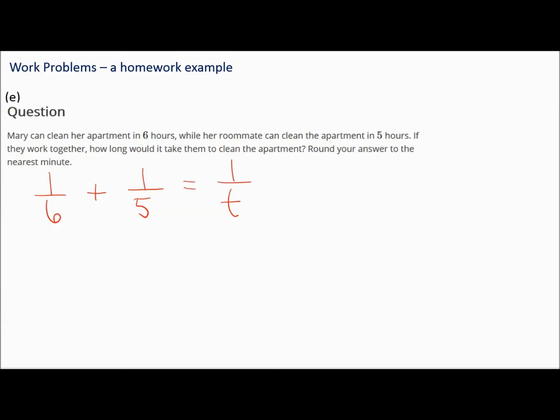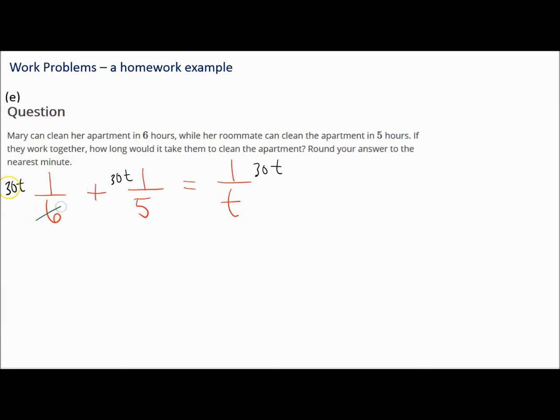So you know the next step, multiply by the least common denominator. 6 times 5 times T is just 30T because 6 and 5 don't have any common factors. So I'm going to multiply each one of these fractions by 30T. Why? So I can clear the fractions and my problem wouldn't have any more fractions in it.